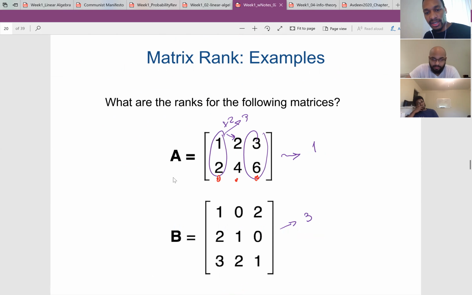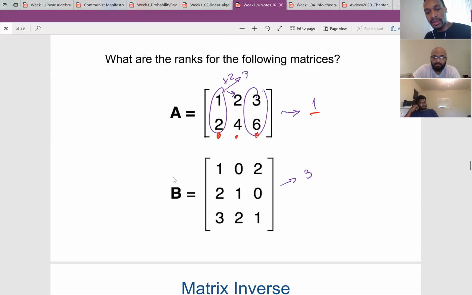So you can only take one of these vectors as a linearly independent set, and that would just be taking 1, 2, for example. So the rank is only 1. Whereas here, I guess they're looking at.